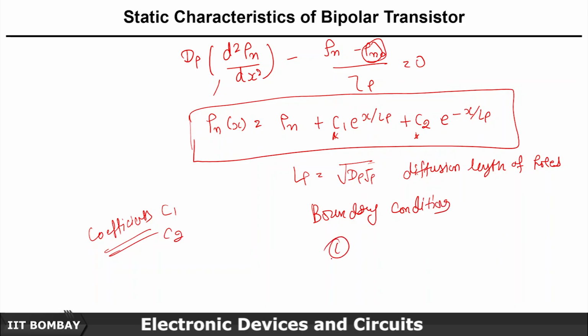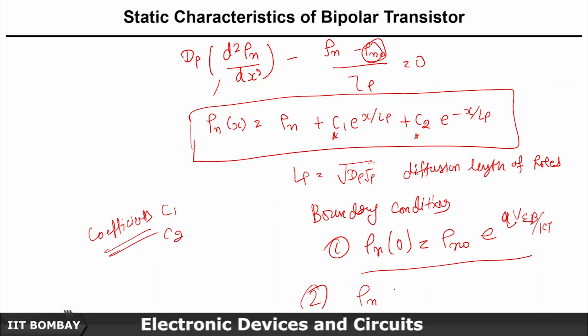One is Pn at x equal to 0: the concentration at x equal to 0 is the equilibrium concentration multiplied by e raised to the power qVEB divided by kT. This is the expression. And second, Pn at x equal to W is 0.